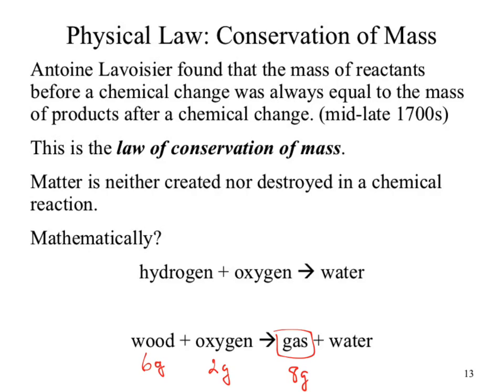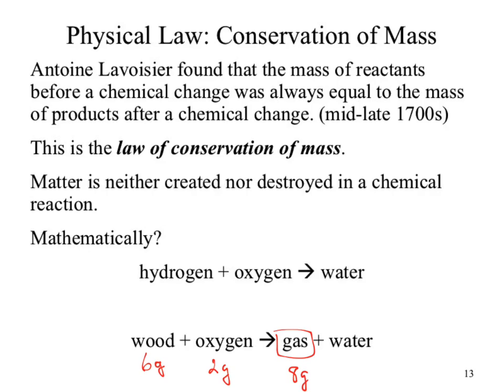If 8 grams of gas was made, how much water was made? 0 grams of water. But according to this equation, is water produced? Yes. Can that possibly be 8 grams of gas? No, because then the equation's invalid. So how much gas was produced?